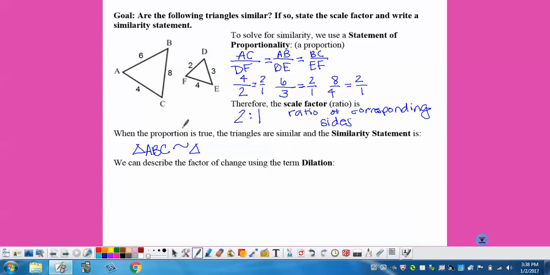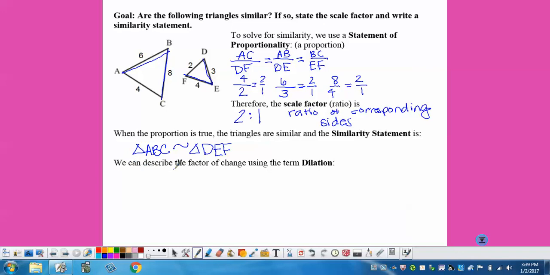So side AB went with side DE, so we're going to start with DE. And then I know side BC went with side EF, so it has to go EF. Or if you're looking at the triangles, we did the medium side and then the large side. So here we would have to do the medium side and then the large side.